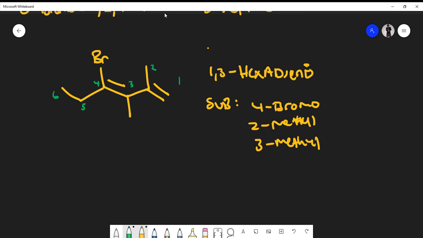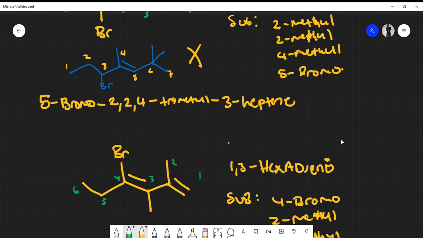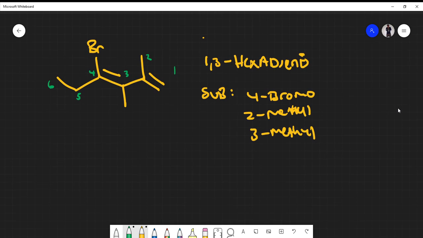Now, I want you guys to remember this. The previous examples that we did above did not have two alkenes, but that's not the point. The point here is that on either side of the alkene, there were hydrogens. In other words, if I split the alkene here in half, I could see that I have a hydrogen here. Anytime you have non-hydrogen groups on both sides of an alkene, you have to give it the trans-cis configuration.